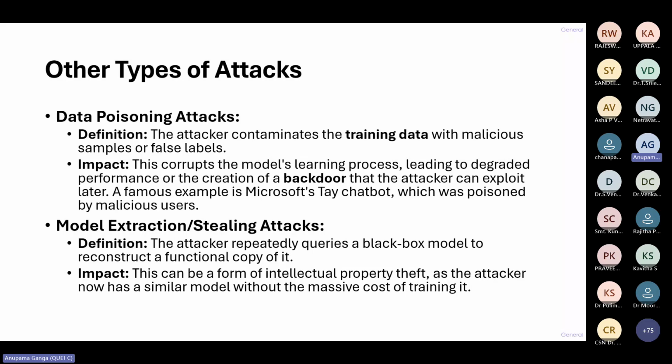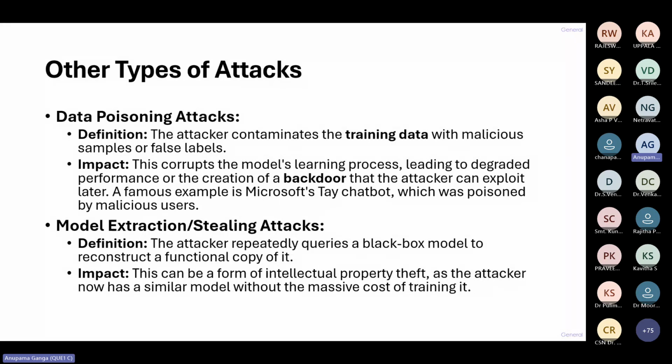Obviously, if we train it with wrong data, it will give wrong outcomes. The attacker trains the model incorrectly to get it to behave in a way that benefits the attacker.